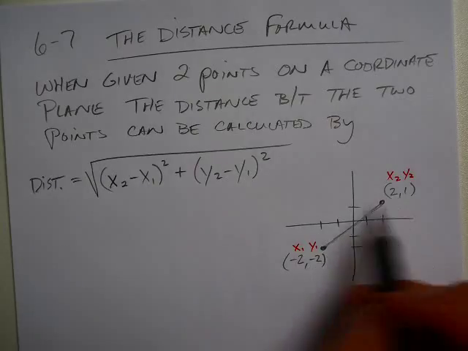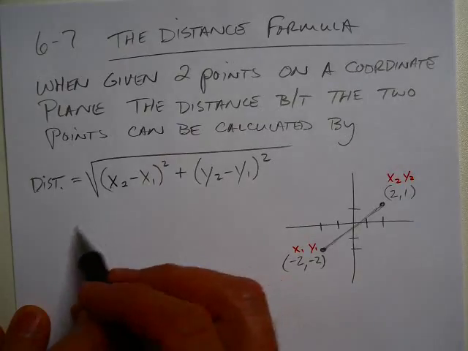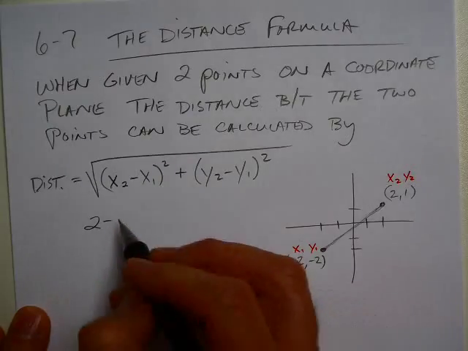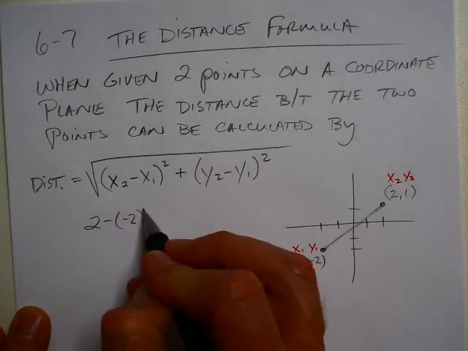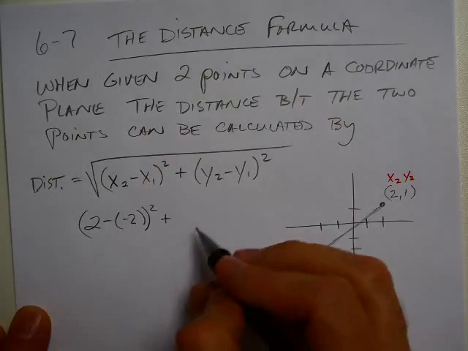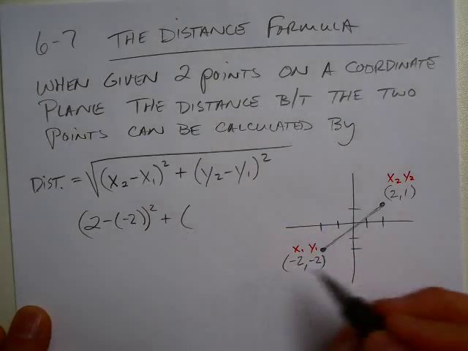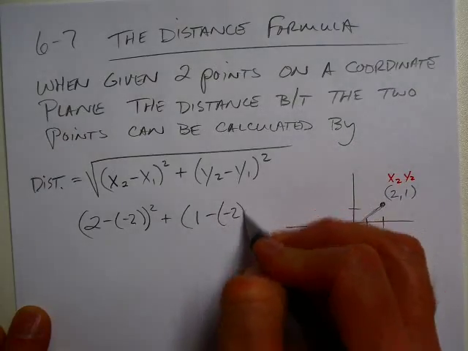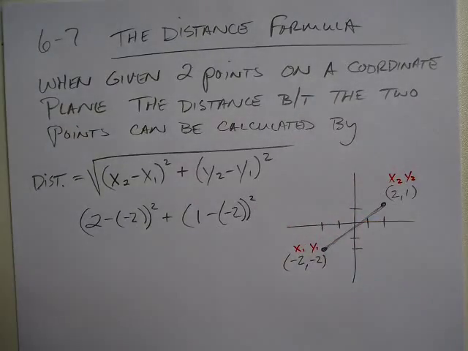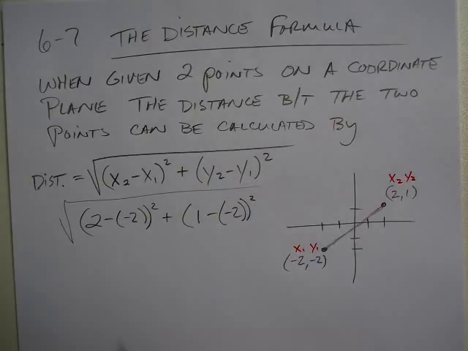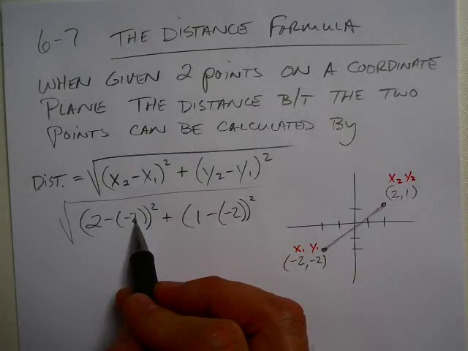So if I put these values in here, I'm going to go, let's see, x sub 2 is 2 minus a -2, quantity squared, plus 1 minus a -2, quantity squared. I'm going to take the square root of that whole thing. So this becomes 2 plus 2, which is 4.